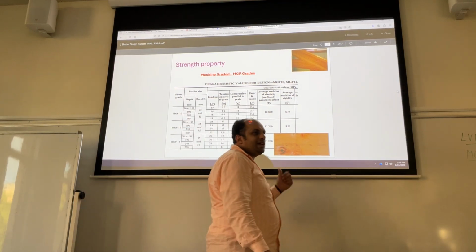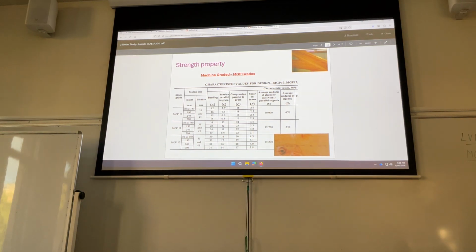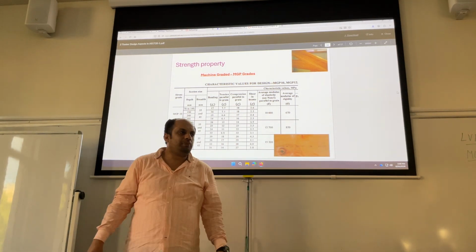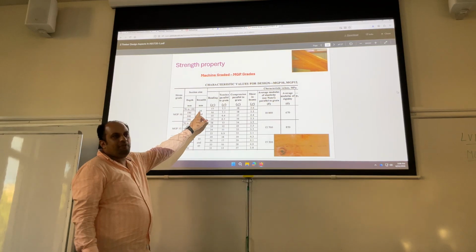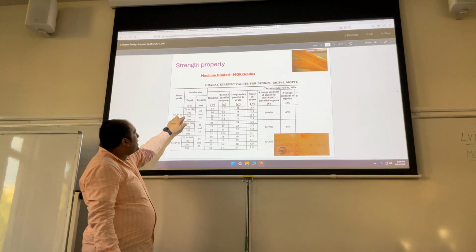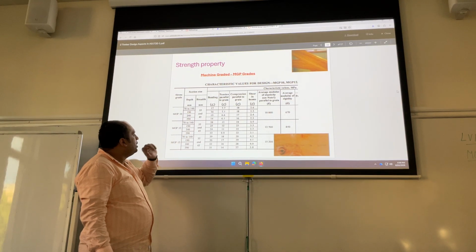This actually is the timber we are using in the lab tomorrow. You will notice the size of the section we are using tomorrow is 190 by 35 or 190 by 45. What is the standard size for MGP? The thickness can be only 35 or 45, and the depth can be 190 or 290 or 90.